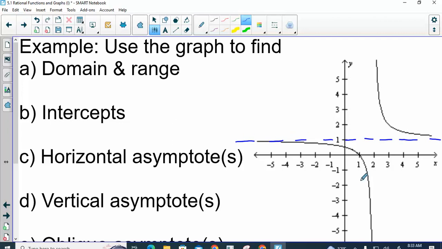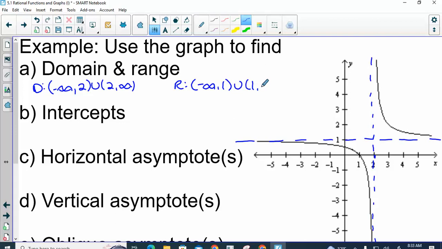Where's my vertical one at? 2. Okay, so what's my domain? We hit everything except 2. Negative infinity to 2, union 2 to infinity. Range is everything except 1. So that's negative infinity to 1, 1 to infinity.